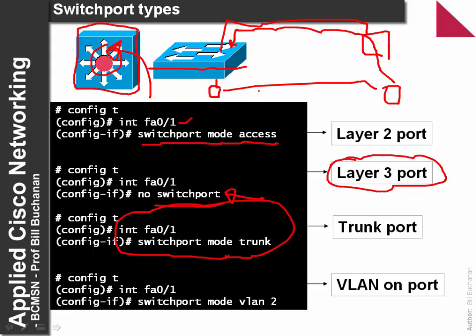And if we want to define a port as part of a VLAN, we say switchport access VLAN and then the number of the VLAN. A VLAN with a number of 2 with trunking enabled will connect to another VLAN with a number of 2 on a different switch, as long as there is a trunking port defined. And that's the end of the introduction to this.